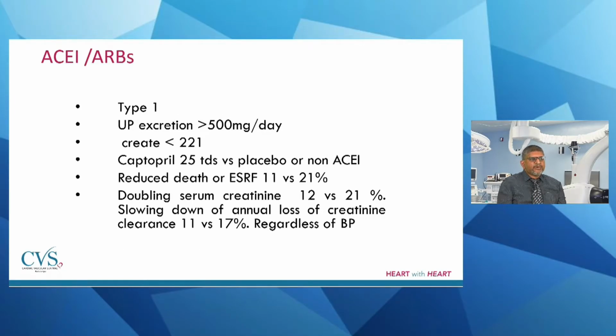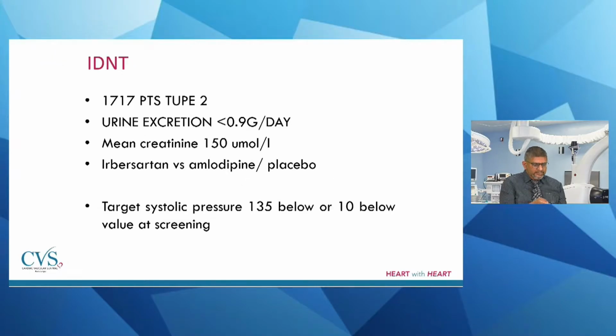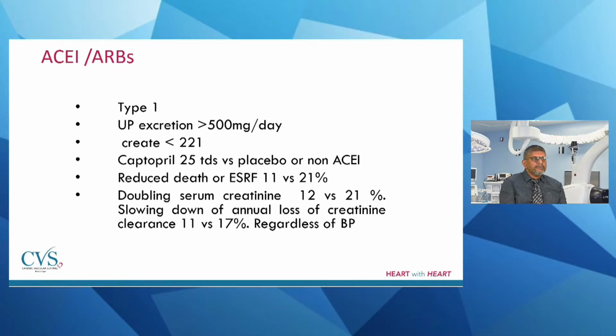And the type of blood pressure medicines we are going to use, basically the ACE inhibitors and ARBs are our first line. This is the very first study that came out with captopril. This was with type 1 diabetes. Patients excreting more than half a gram of proteinuria, quite a bit of proteinuria, with a serum creatinine of less than 220.